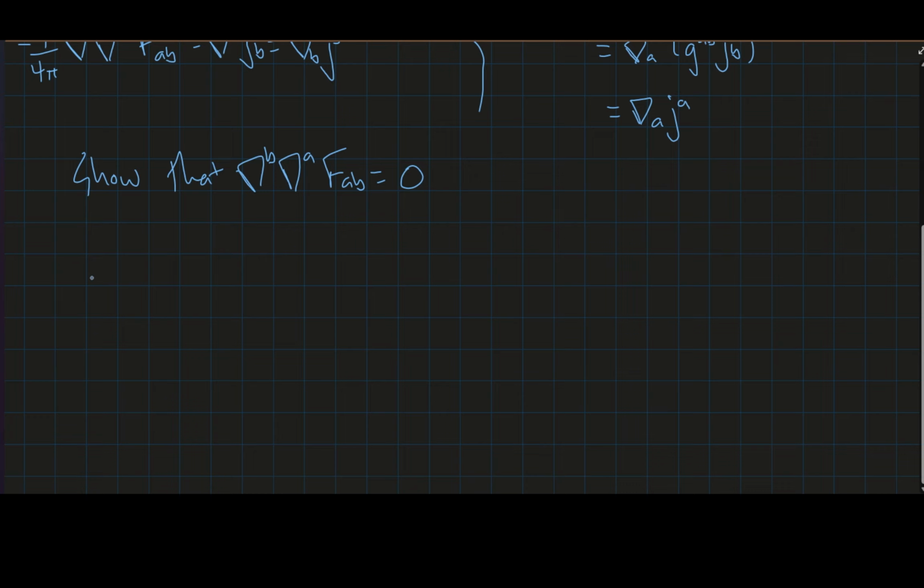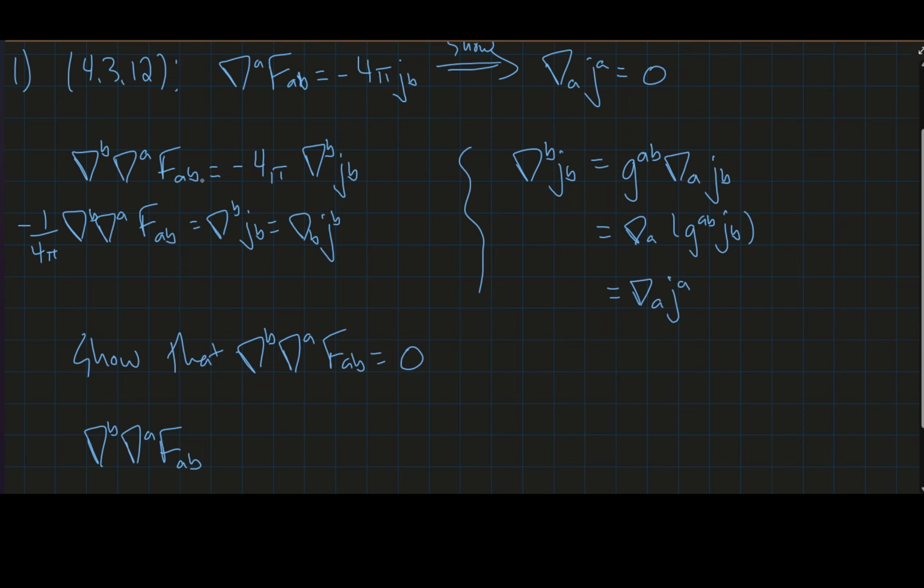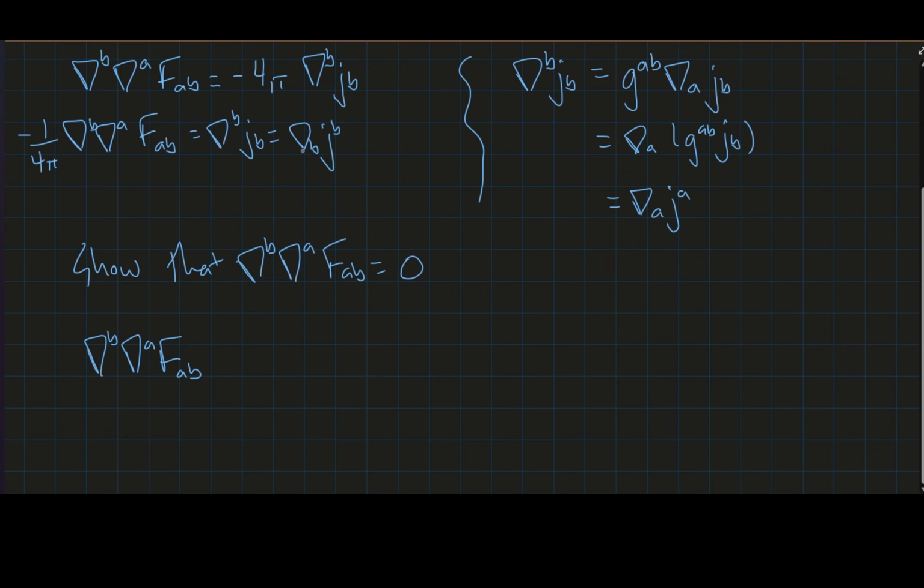So we're going to take our original equation and add it to itself with the indices flipped to start. So we get nabla_B nabla_A F^AB. Remember, this is just from right here. And then we're going to add it with the indices flipped, so it's adding the same thing essentially: nabla_A nabla_B F^BA.